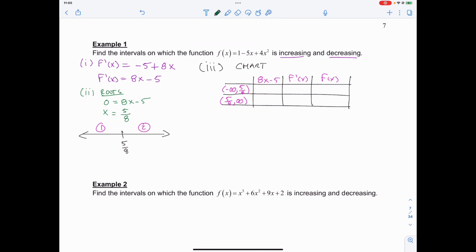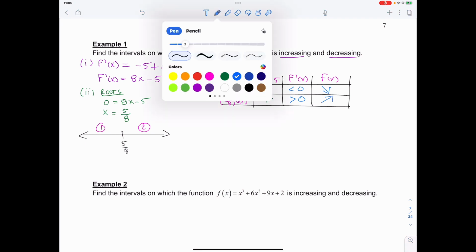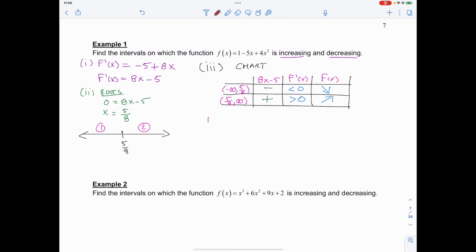So when I pick a number that is less than 5/8, like 0, then I get a negative number. When I pick a number that's greater than 5/8, I get a positive value in here. This means that f prime of x is less than 0 here, and f prime of x is greater than 0 here. And that means that when it is less than 0, the original graph is decreasing. When it's greater than 0, the original graph is increasing. And then the last part is my statement.